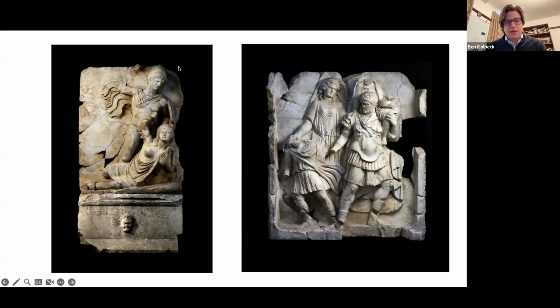If you can see on the left here, this is a panel showing Claudius, the emperor, in a kind of idealized portrait of himself, subjugating a personification of Britain, Britannia. This is the way in which the conquering of Britain was celebrated around the empire.